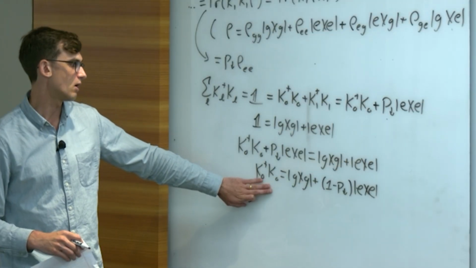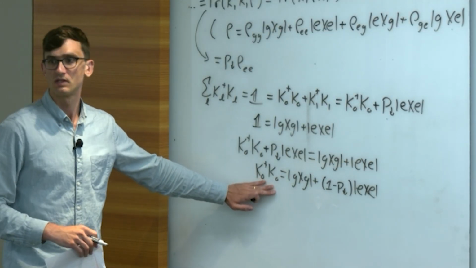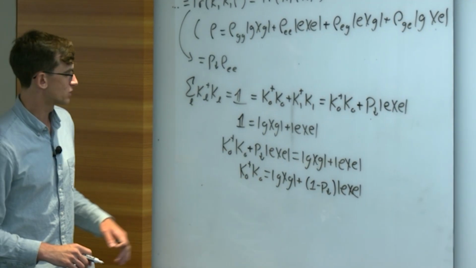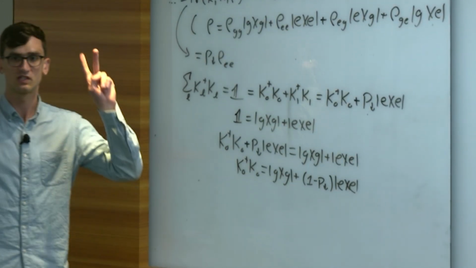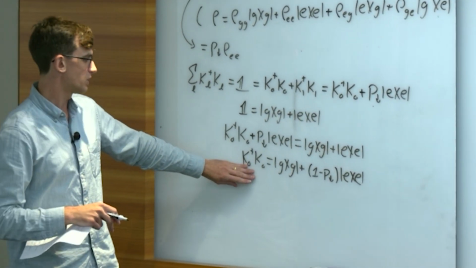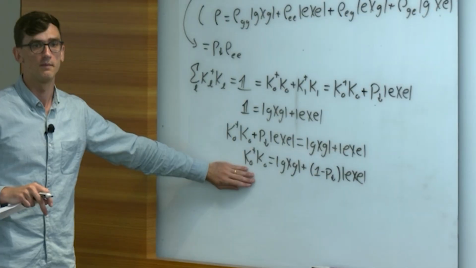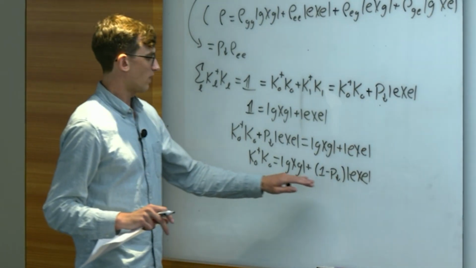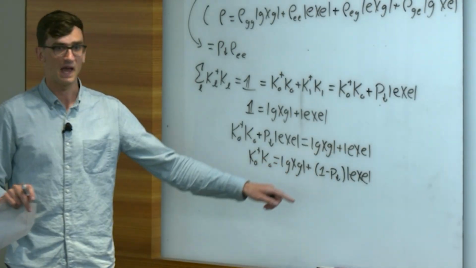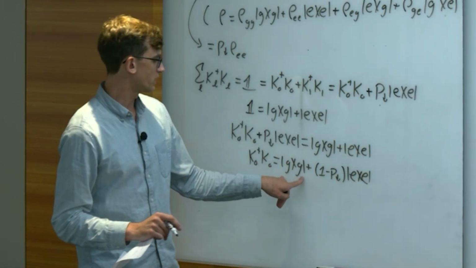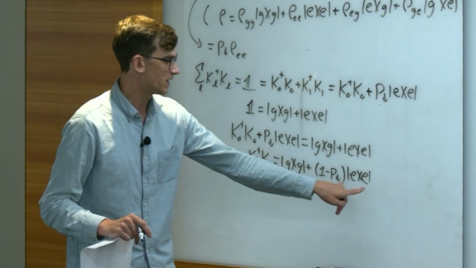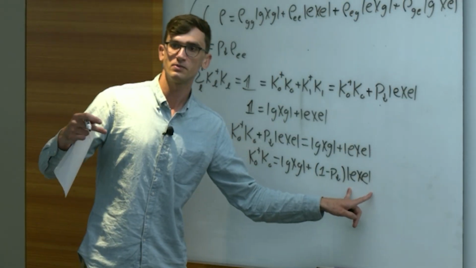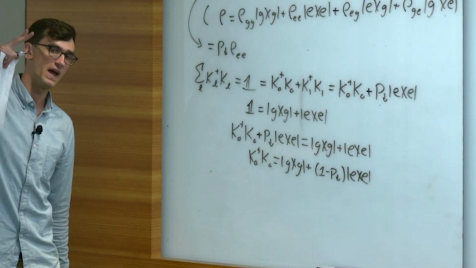I want to find out what K0 is. And we can, in some sense, take a square root of this equation. It's a little bit spooky because these are operators, right? But if I have an operator that's diagonal, meaning that its only entries are GG and EE without any cross terms, then you can imagine that I have some diagonal matrix.